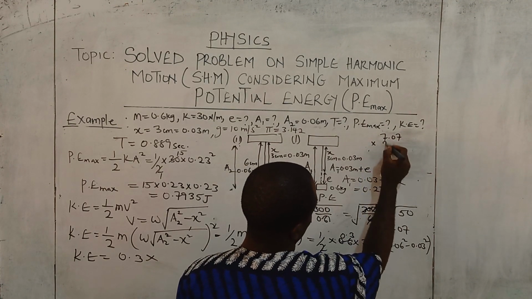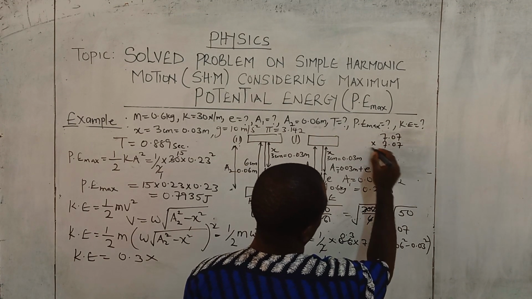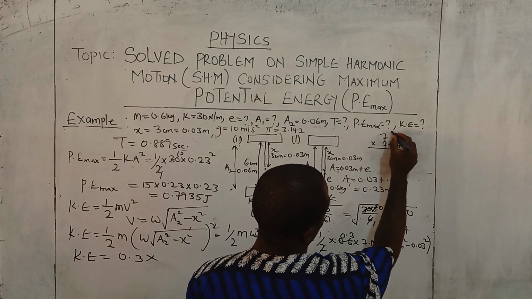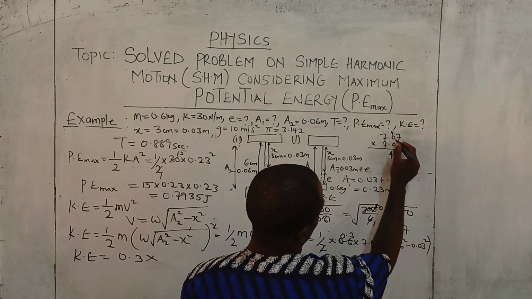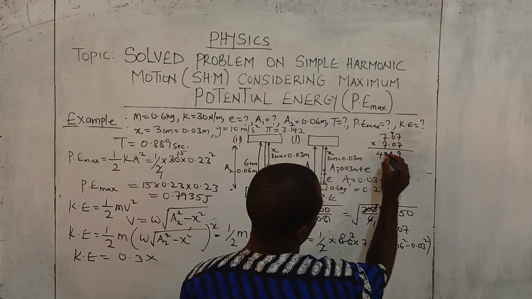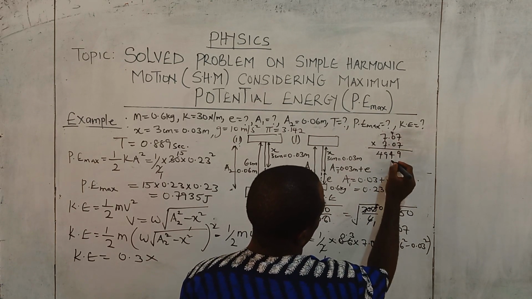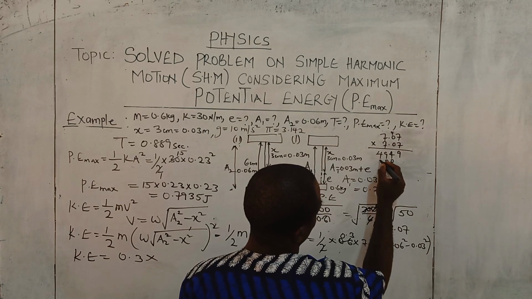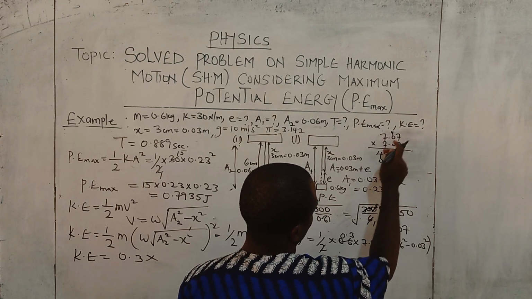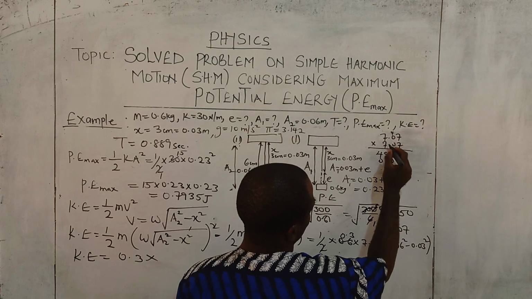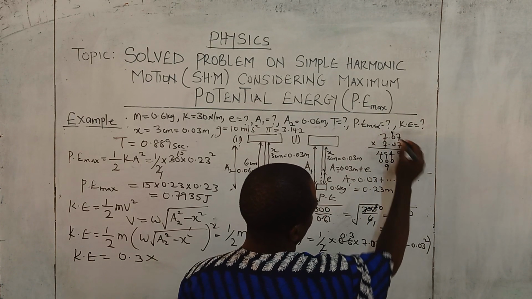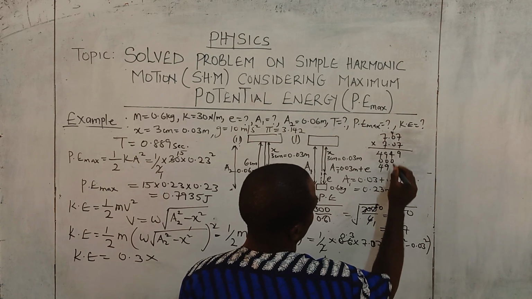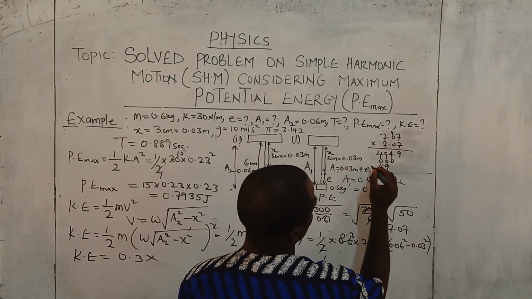7.07 by 7.07. 7 times 7, 49, 9, carry 4. 7 times 0, 0 plus 4. 7 times 7, 49. 0 times 7, 0, 0, 0. Then 0 times 7, 0. 7 times 7, 49, put 9. 7 times 0, 0 plus 4. 7 times 7, 49.